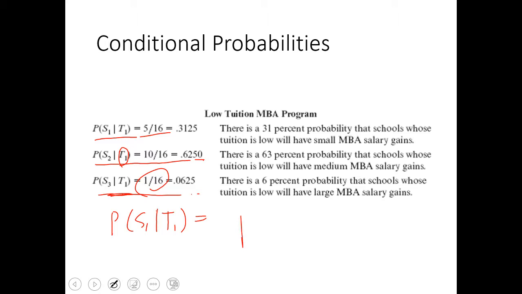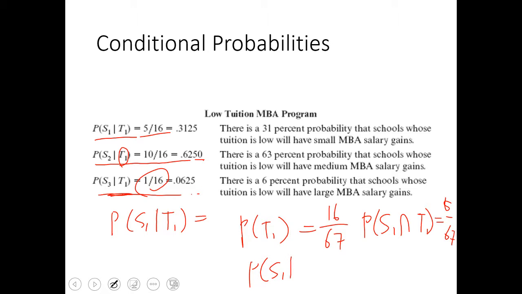The probability of T1 is 16 over 67, and the probability of S1 intersection T1 is 5 over 67. So the probability of S1 given T1 is 5 over 67 divided by 16 over 67.